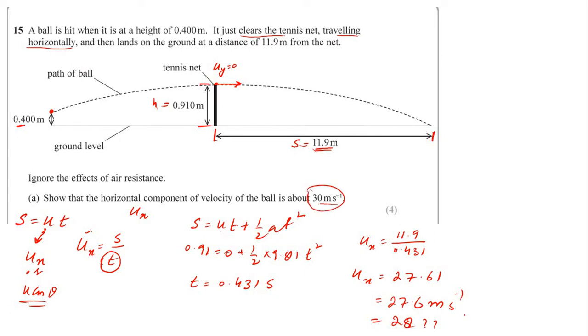So that's how you can find the horizontal velocity of the projectile, and this velocity remains the same throughout the motion. That means the same velocity will be at the top, at the beginning or at the end. At every point the horizontal velocity remains the same.